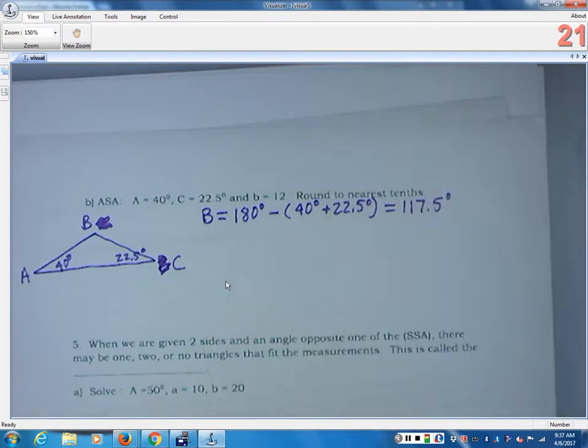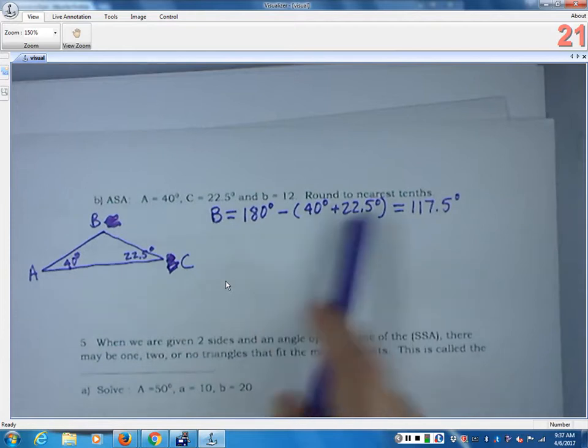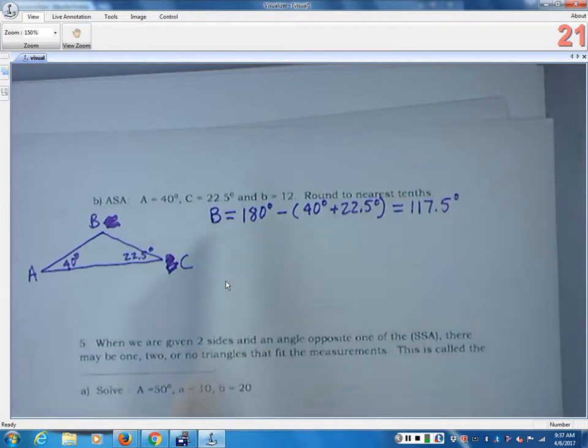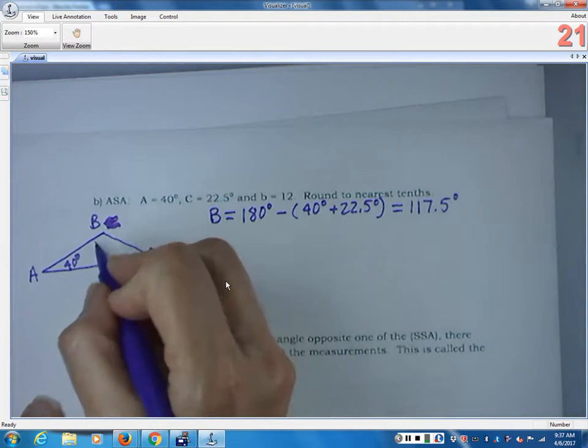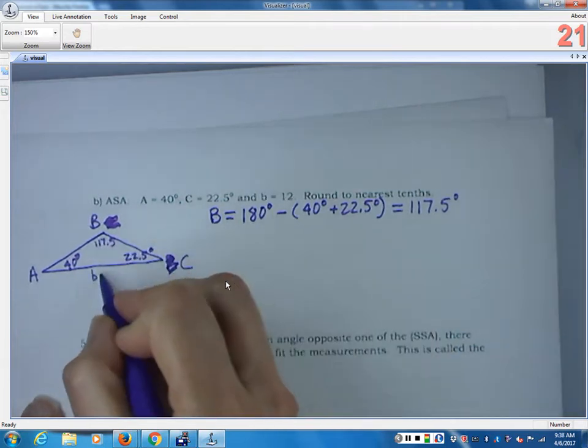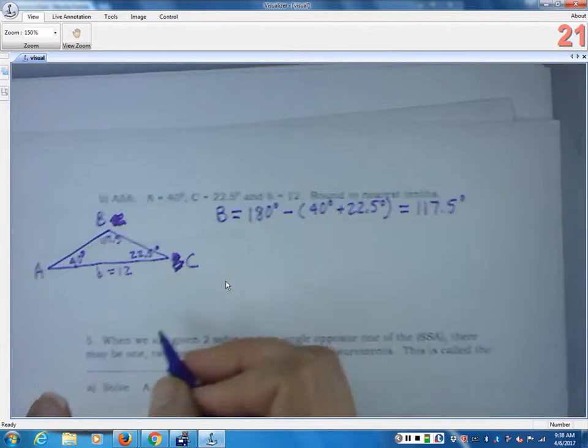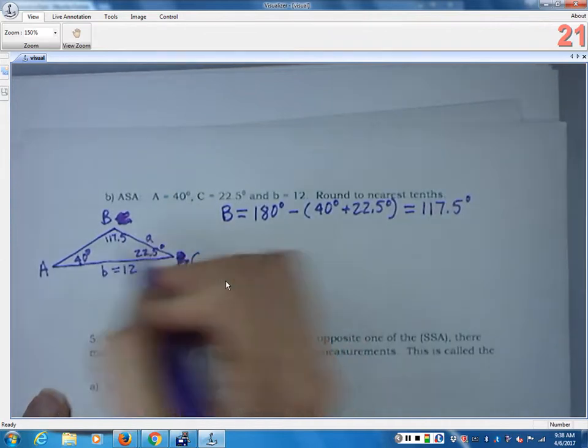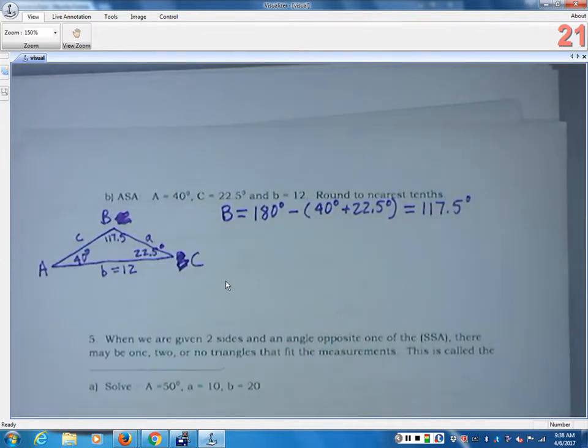You just put that in your calculator as is with parentheses, or add this first and subtract from 180. Okay, side small b is 12, small a and small c are unknown. So again, this is angle side angle. It's really solved the same way.